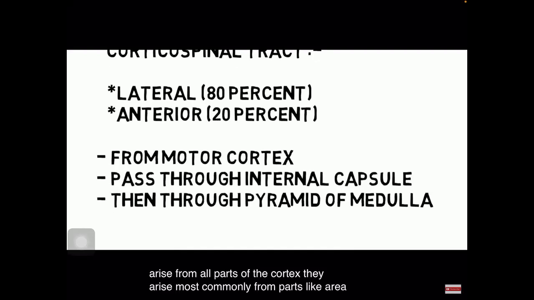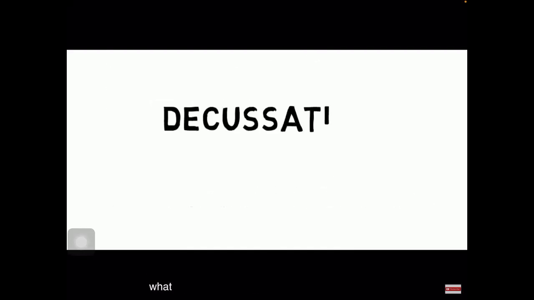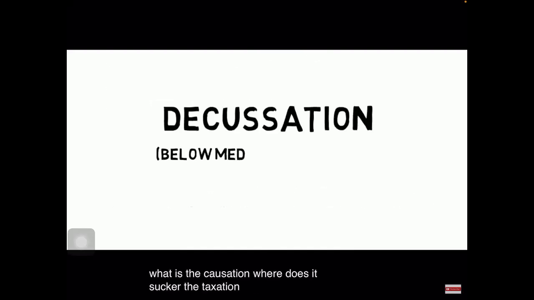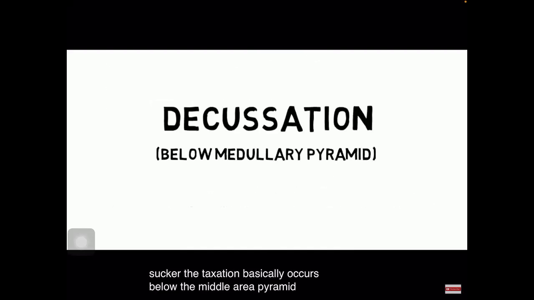They arise most commonly from area 4 of the cerebral cortex, the precentral gyrus, and some fibers also arise from the sensory cortex of the brain. What is decussation? Where does this occur? The decussation basically occurs below the medullary pyramid.